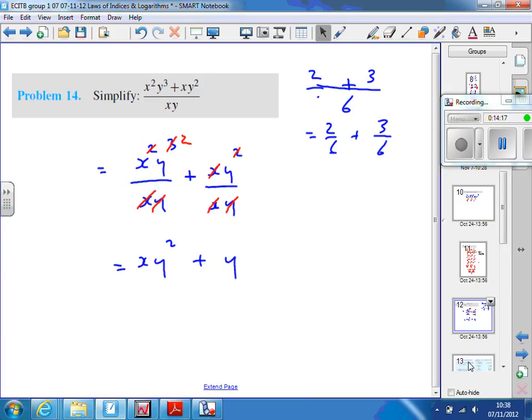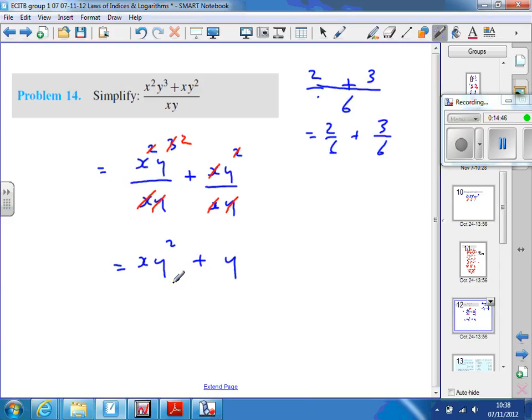Using the laws of indices, looking at this, dividing means I subtract the powers. So 2 take away 1, looking at this first one, the x's, x squared divided by x, 2 take away 1 is 1, so that leaves me just 1x. Y cubed, so 3 take away 1 is 2, so that leaves me the y squared. So you can do it by just thinking of the laws of indices as well. That would be the answer.